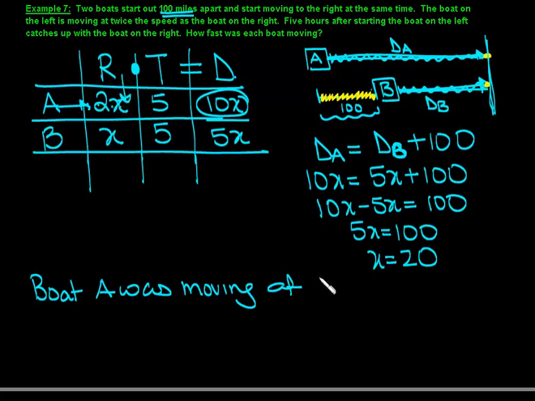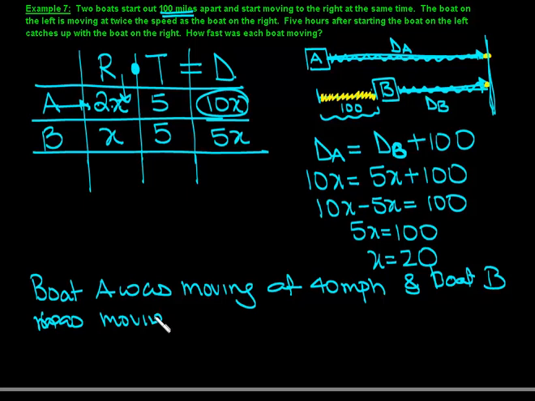X was 20, so 40 miles per hour. And boat B was moving at 20 miles per hour. Okay, so there's your answer to that problem.